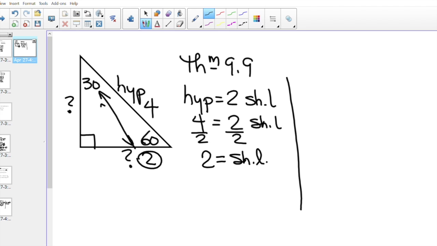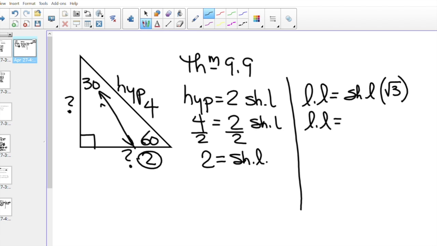Now that is the length of the shorter leg. Our objective now is to determine the length of the longer leg. Using theorem 9.9, that is the shorter leg times the square root of 3. So the longer leg, abbreviated LL, is equal to the shorter leg, which is 2, times the square root of 3.